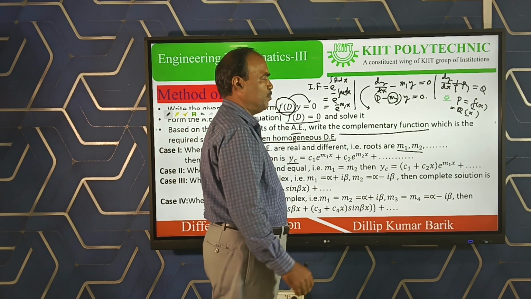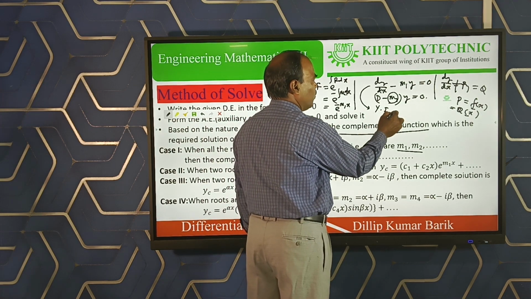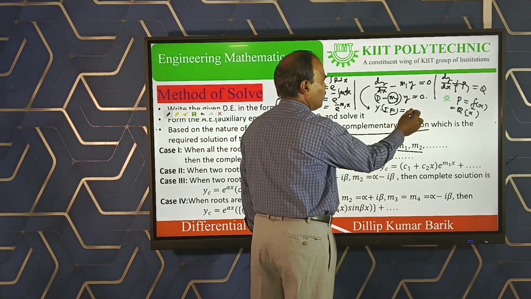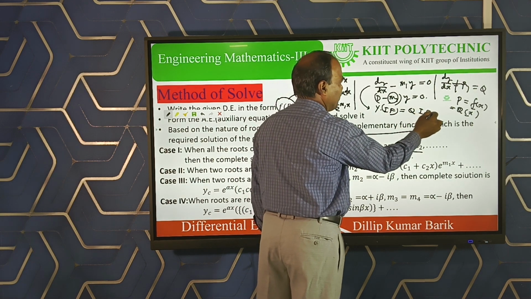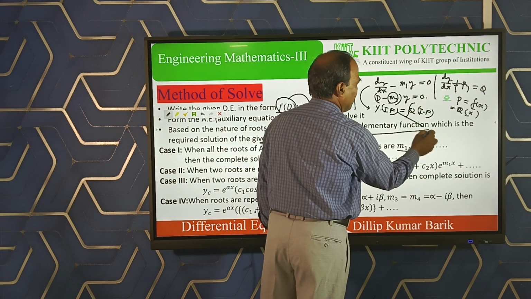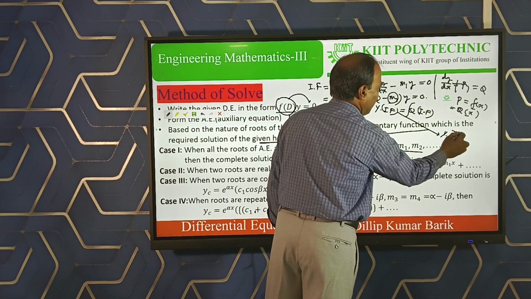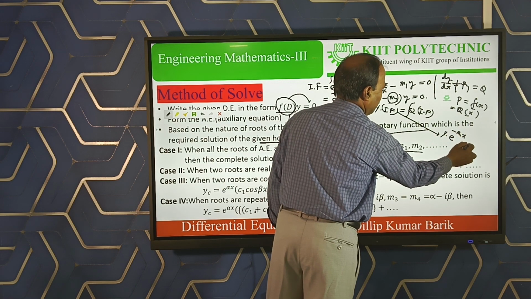This is the IF value, and the complete solution is y into IF is equal to integration of q into IF, only the right side part integration. So after simplification it will be y into e to the power minus m1x equals integration of q, but what is q here?